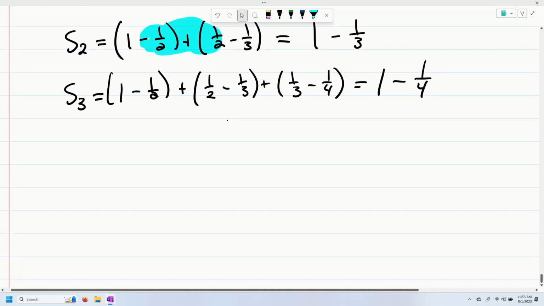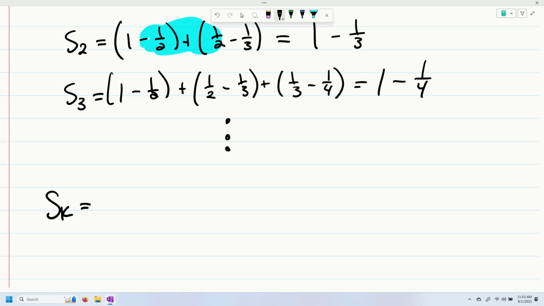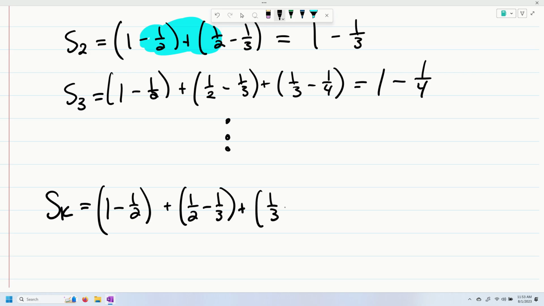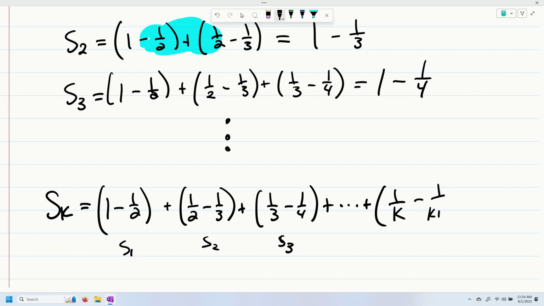So in general, what ends up happening here is that we're going to end up with all these terms that cancel themselves out. Let me write out what this looks like. We have 1 minus 1/2, plus the quantity 1/2 minus 1/3, plus the quantity 1/3 minus 1/4. So this is S1, S2, S3 respectively. And this is going to keep going until we end up with 1 minus 1 over k plus 1.